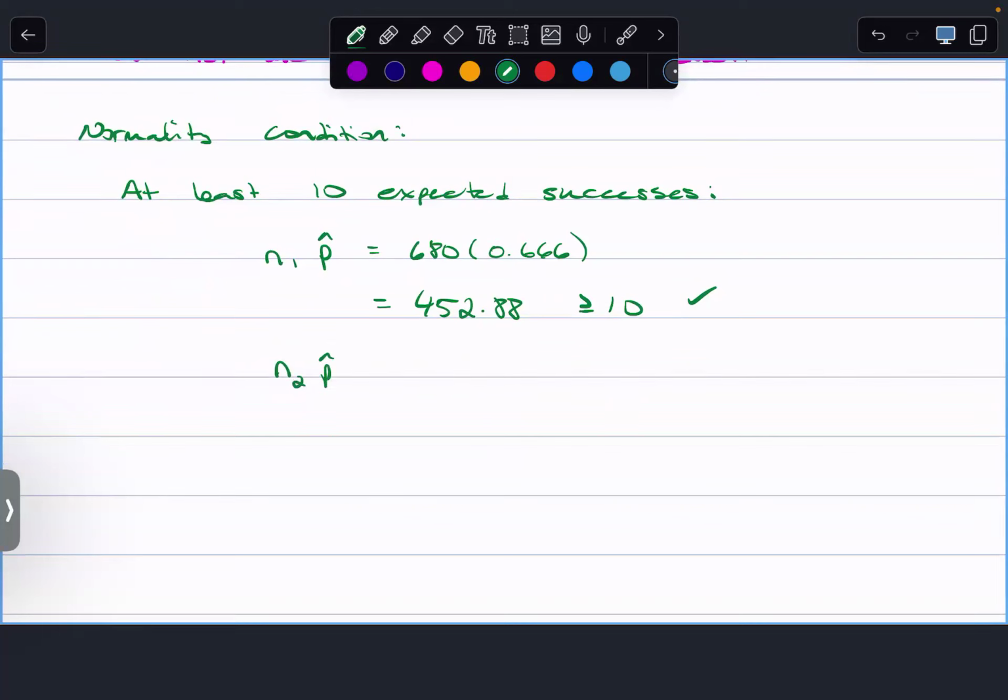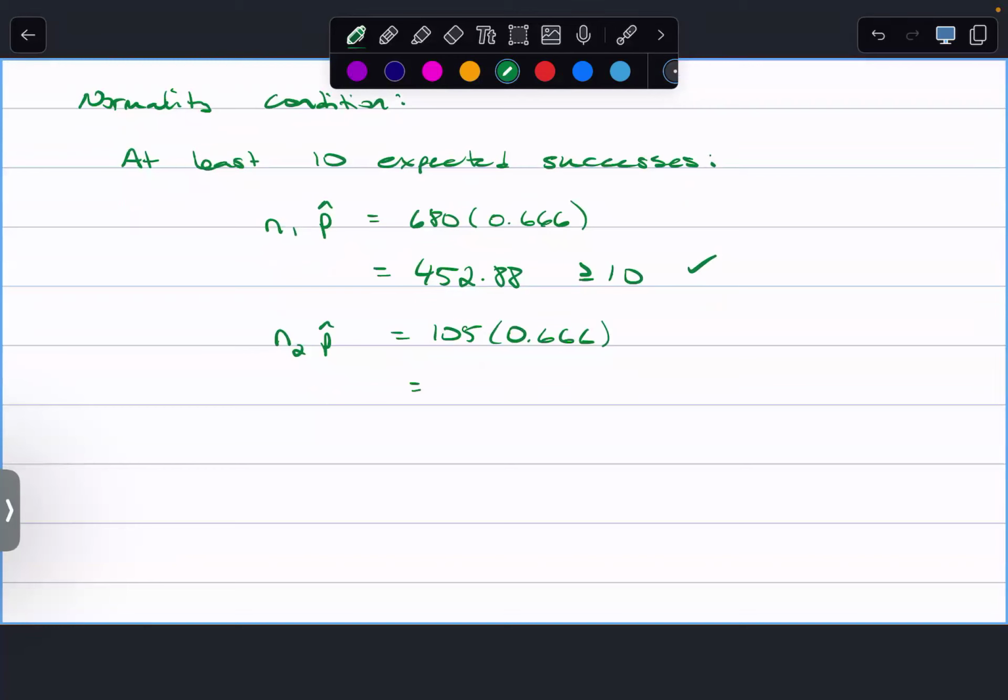And N2 times p hat, and N2 is 105, times 0.666, which is 69.93, which is also greater than or equal to 10, right? And maybe I'll clarify here in each group.